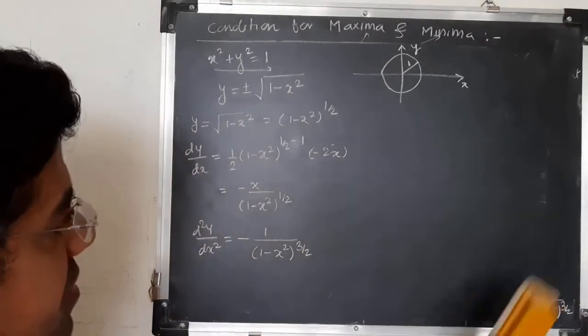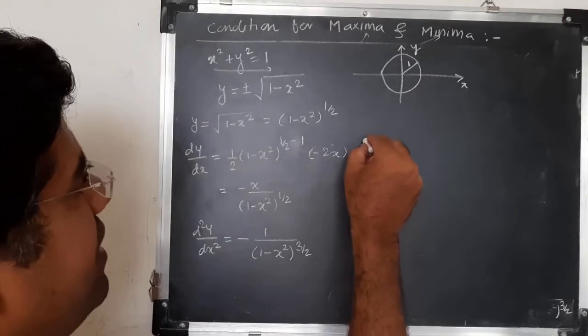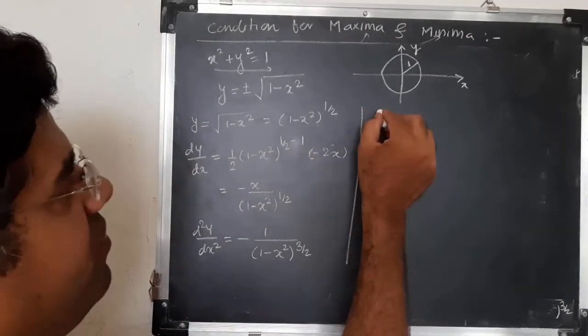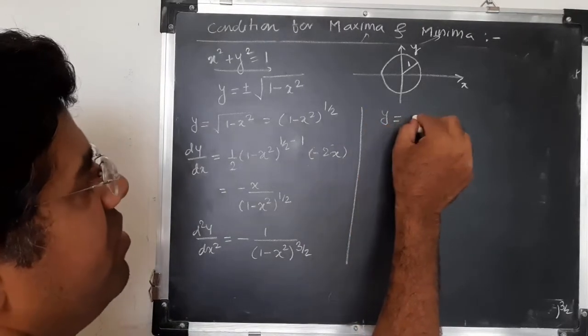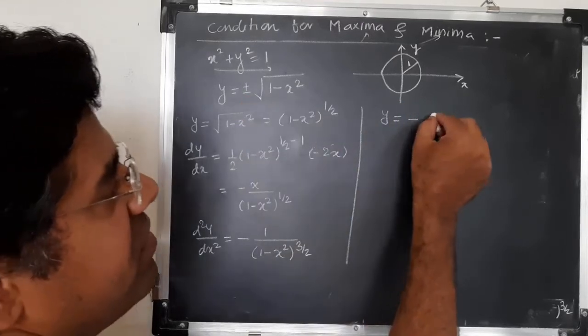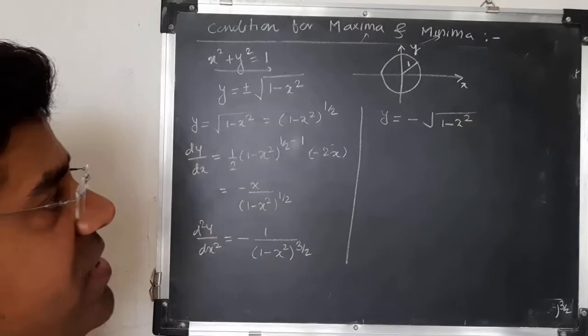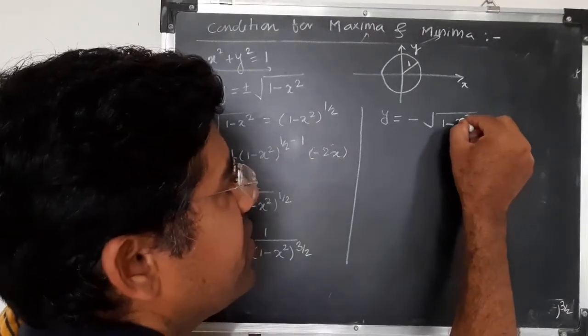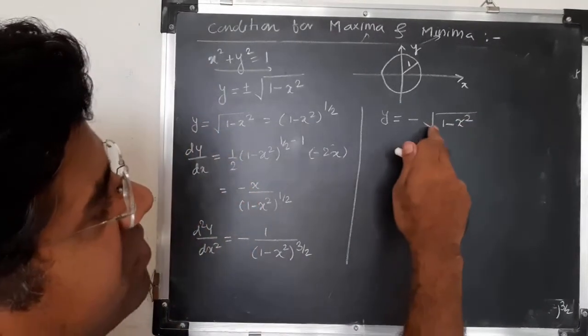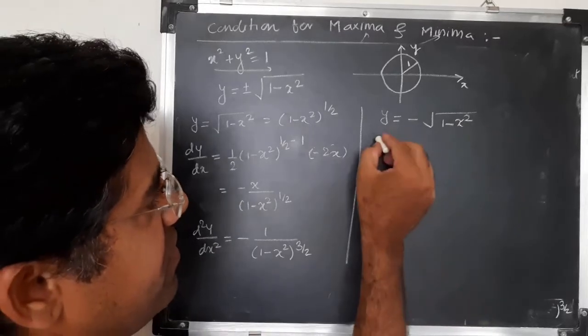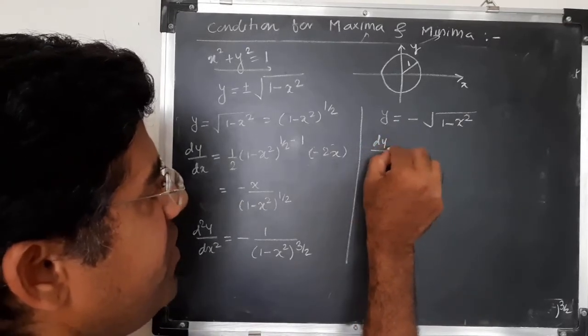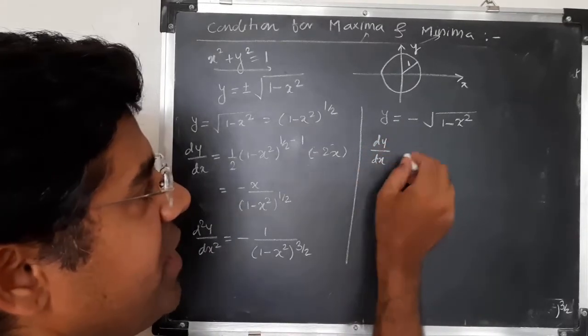Now here again I will take y is equal to minus under root of 1 minus x square. This is very interesting, later on you can see. When I take the derivative of that, this is dy by dx.